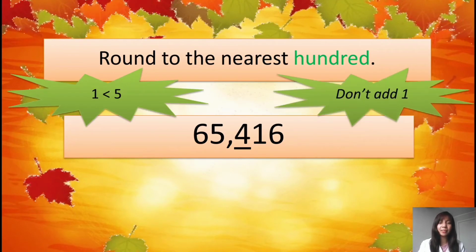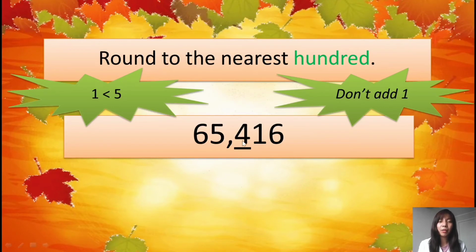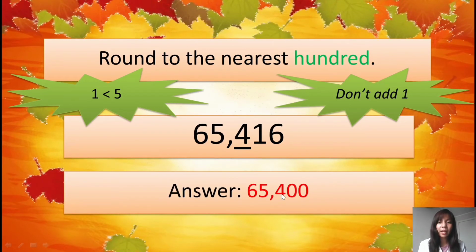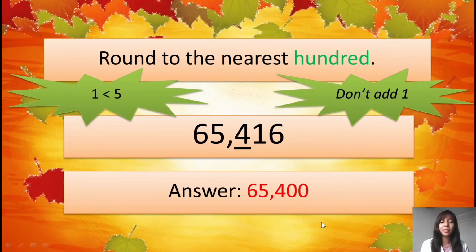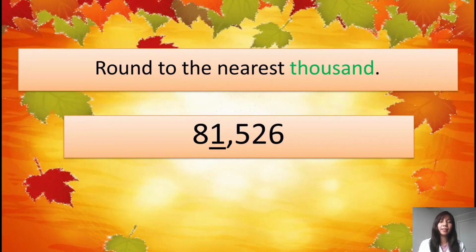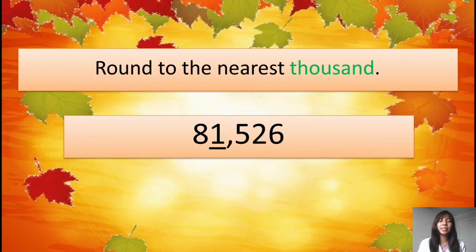So which means don't add 1. Okay, the number 4 stays the same. Okay, so copy 6, 5, and then 4, and then all the digits behind 4 become 0. So our answer is 65,400.